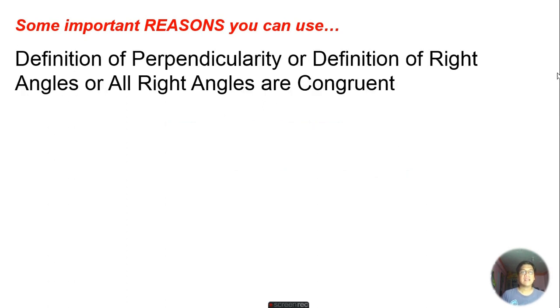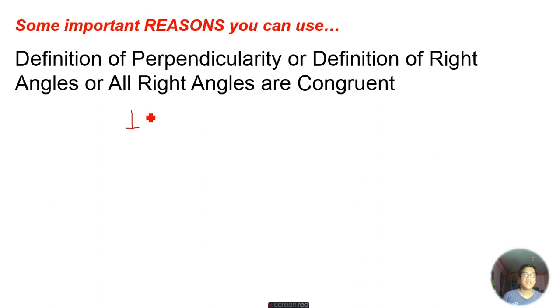Next, definition of perpendicularity. These are all the same: perpendicularity, right angles, and all right angles are congruent. They just mean the same. How do we illustrate perpendicularity? The symbol for perpendicular is like this.